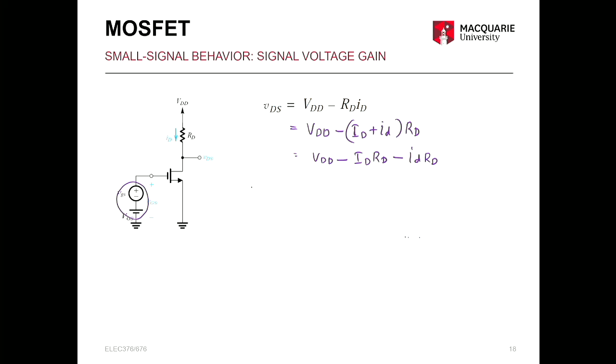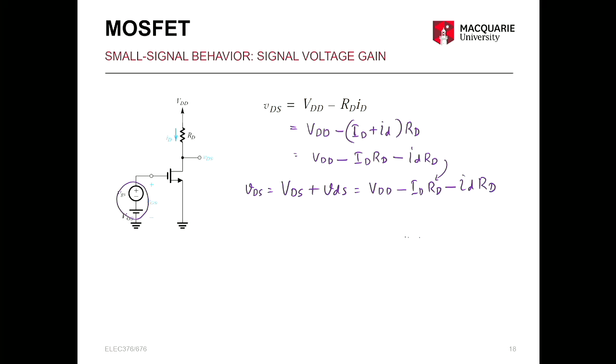So VDS is also the DC output plus the AC output, which is this equation, VDD minus ID RD minus the small signal part.